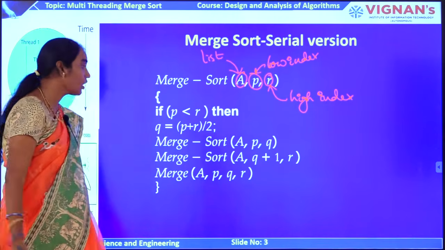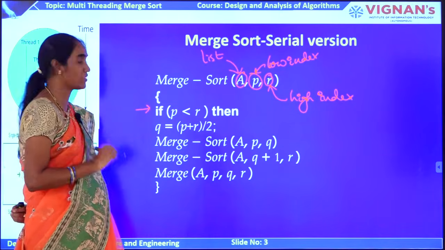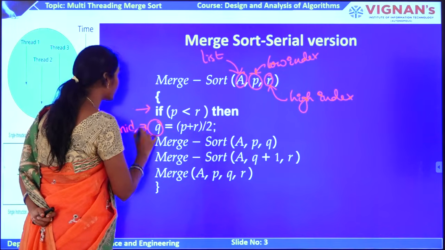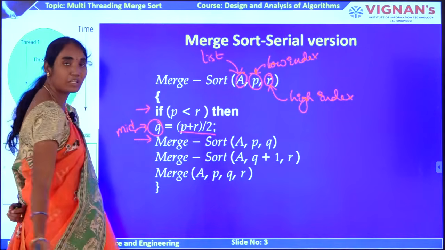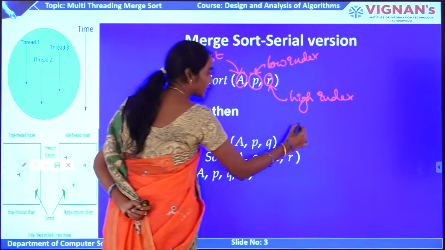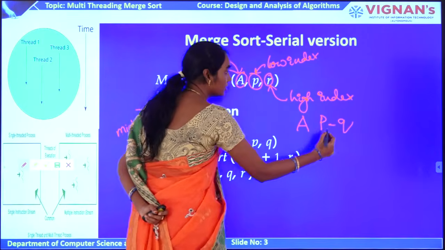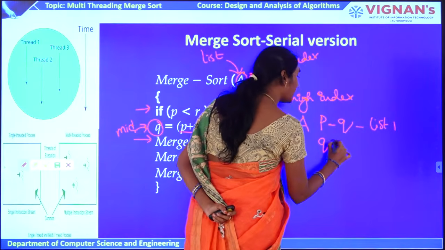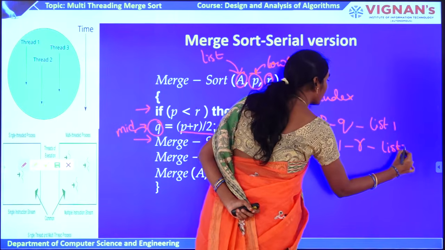Now if P is less than R, what I am supposed to do is find the mid position. That mid position I am representing with Q. So Q is equal to (P plus R) by 2. After that I have to apply the merge sort algorithm on the first list, which is the first half, starting from P to Q. P to Q is list 1 and Q plus 1 to R is list 2, right?